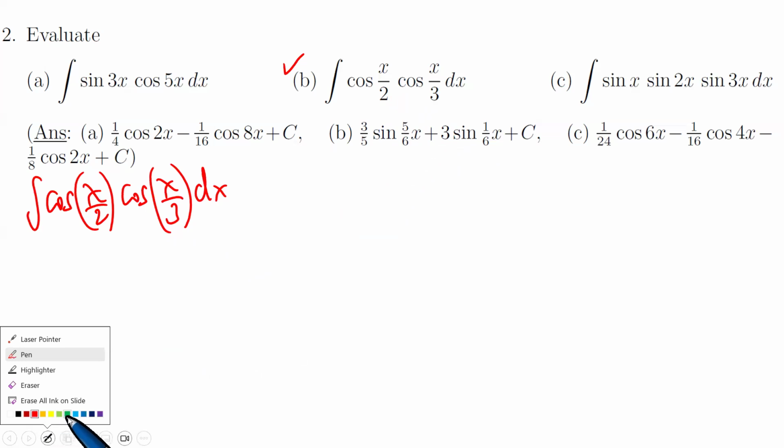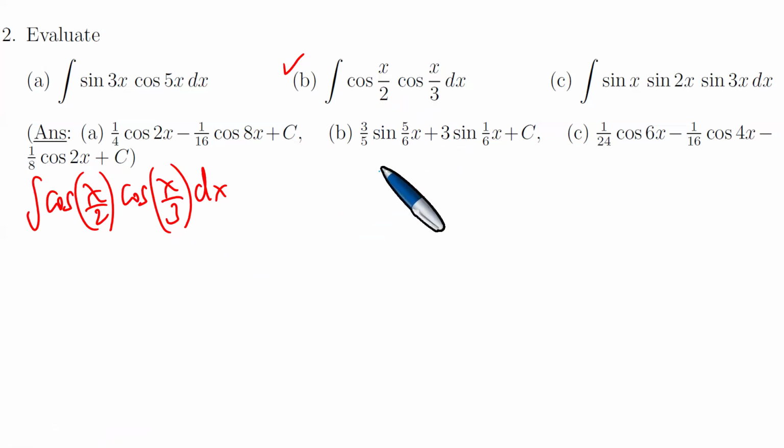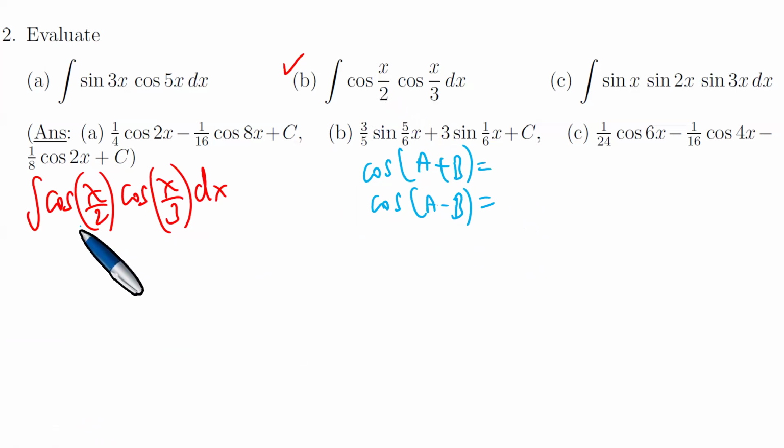Because now in school, we are taught cosine of A plus B. And then in school, we're also taught the cosine of A minus B. So you need to derive the formula from this. So now you need to add the two formulas.